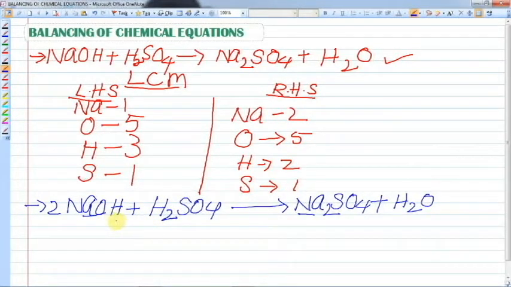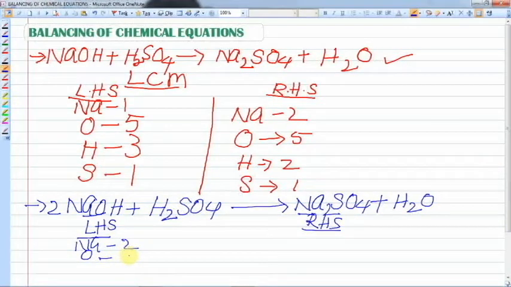Again we have to check the balancing. How to check it? On the LHS side, how many atoms, and on the RHS side, how many atoms are there? On the LHS, sodium atoms are 2. Oxygen atoms: 2 oxygen atoms here, 4 oxygen atoms there, so 6 oxygen atoms.